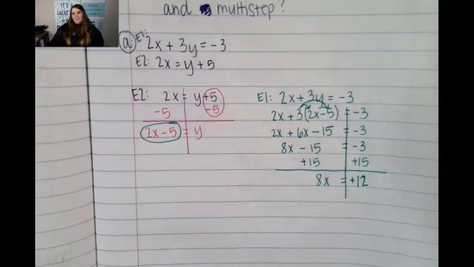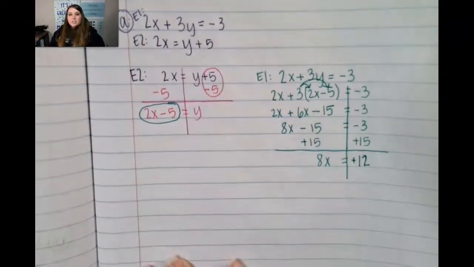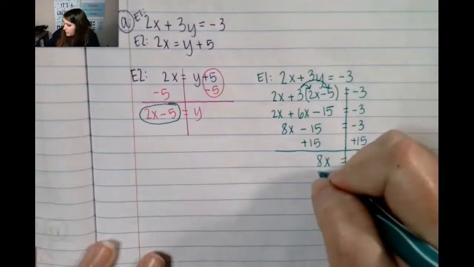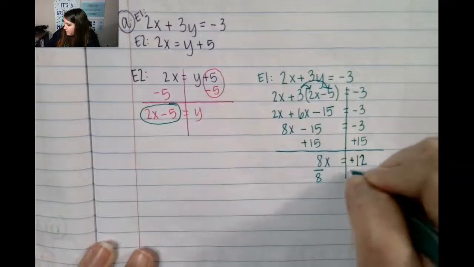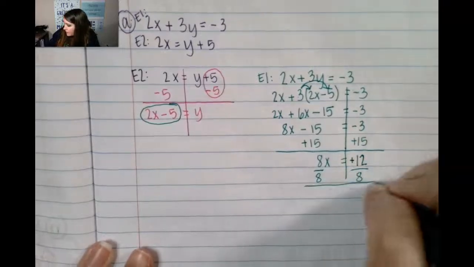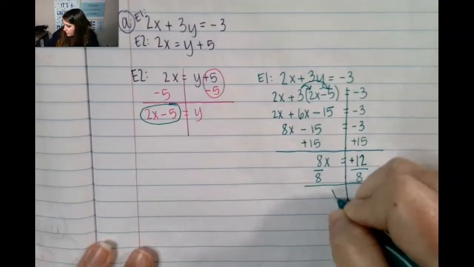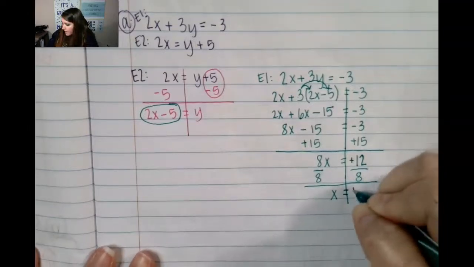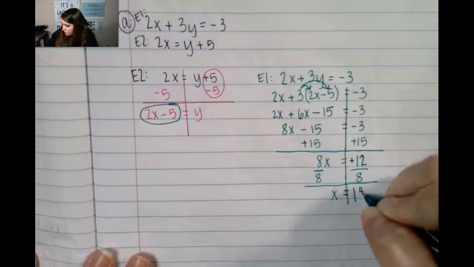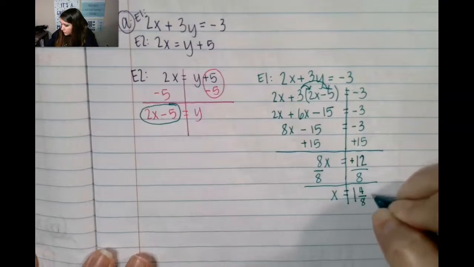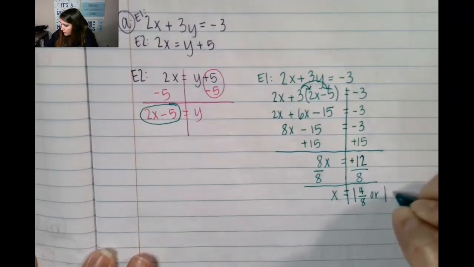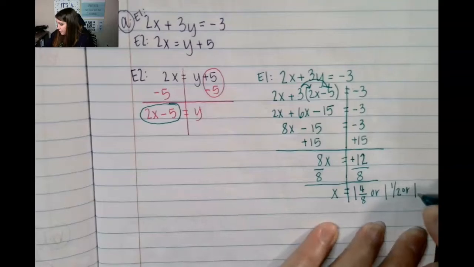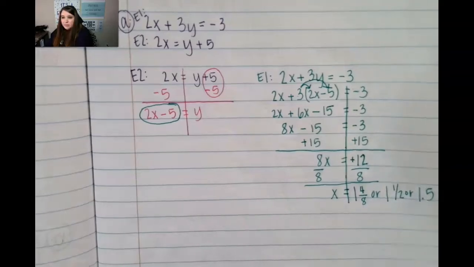Okay, now we are going to divide by 8. We want to get x by itself. So let's divide by 8. So x equals 12 divided by 8, which is 1 with 4/8 left over, or 1.5.